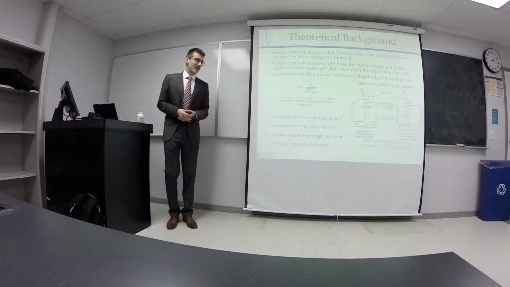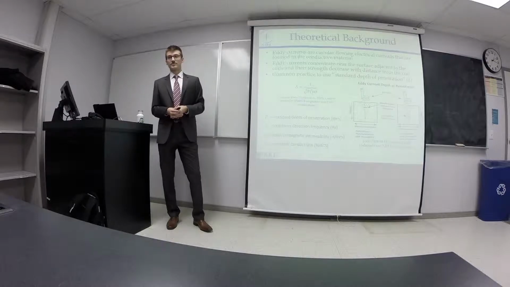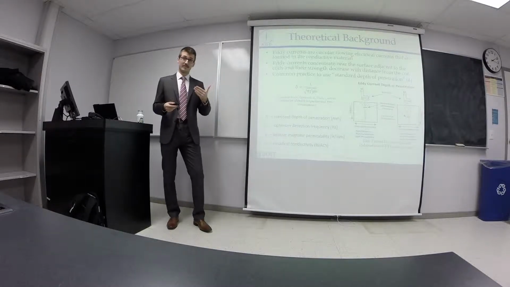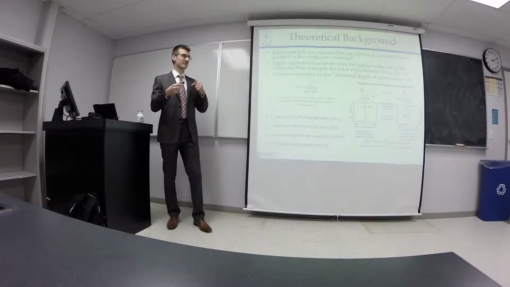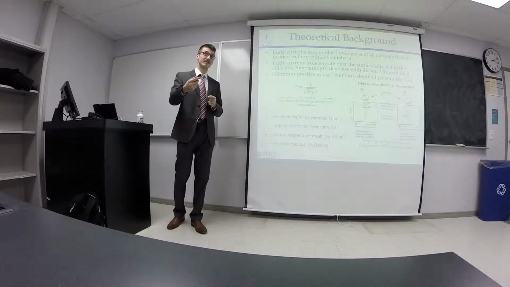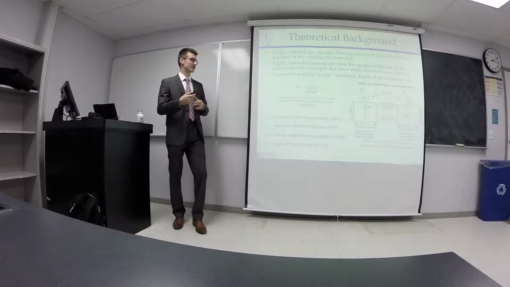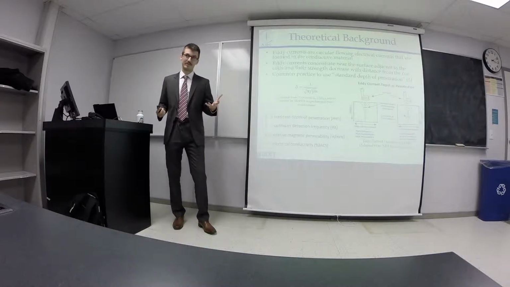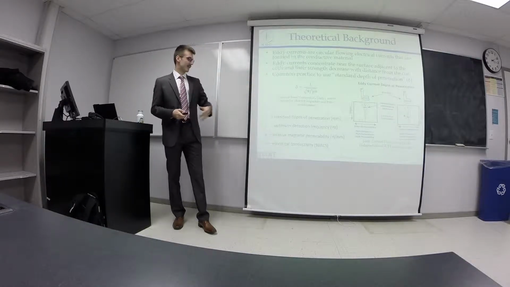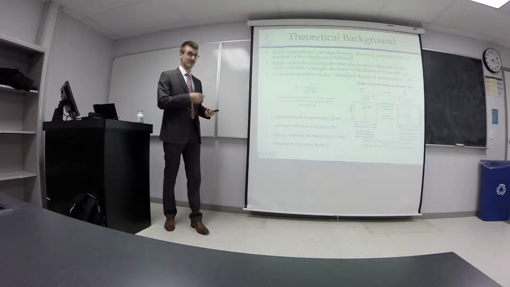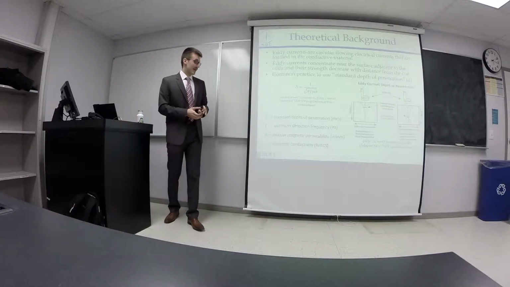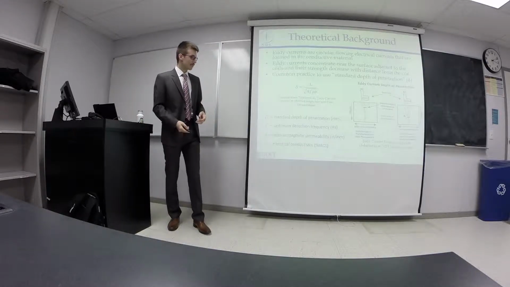Continuing forward with the background, eddy currents tend to concentrate near the surface adjacent to the coils, and they decrease in strength as the distance from the coil increases. In the field, it's common practice to use what's known as the standard depth of penetration, or sigma, defined as 1 over the square root of pi times the frequency of your coil, your relative magnetic permeability, and your electrical conductivity.